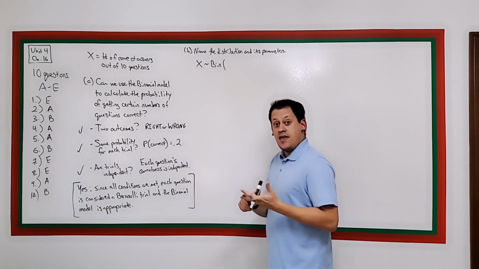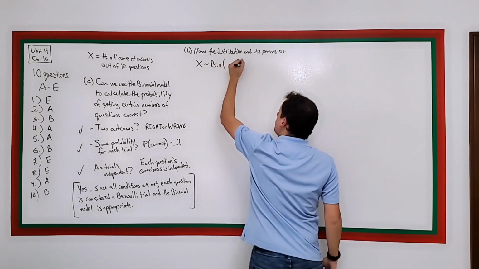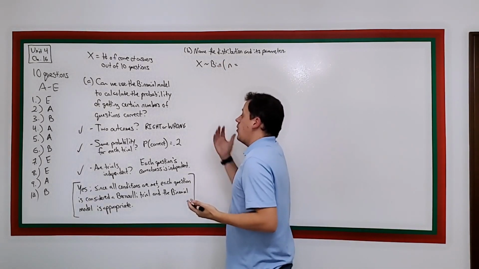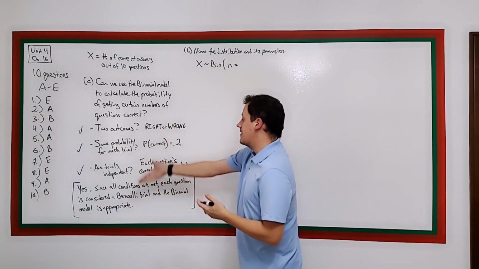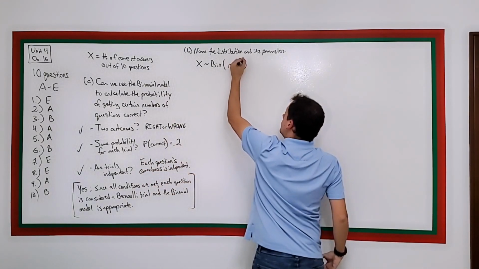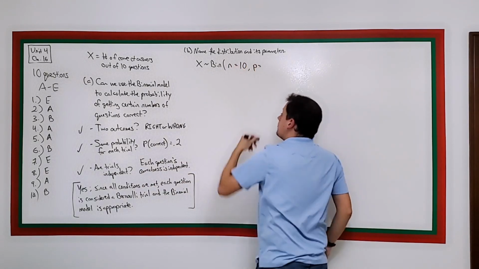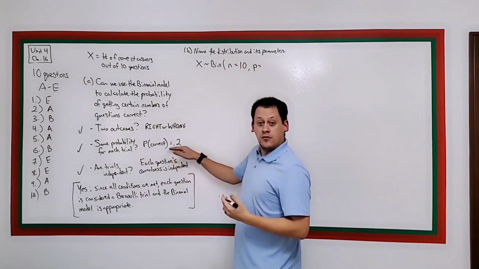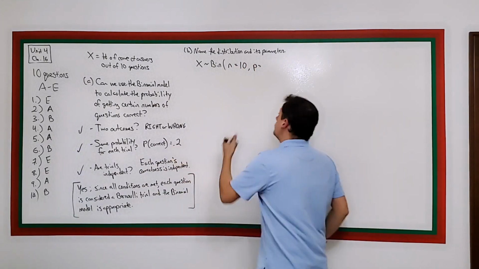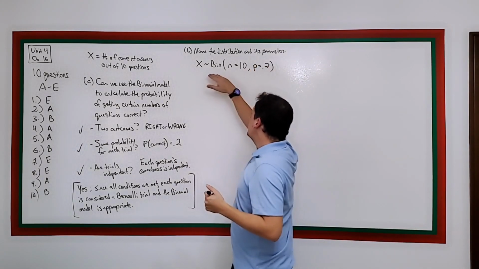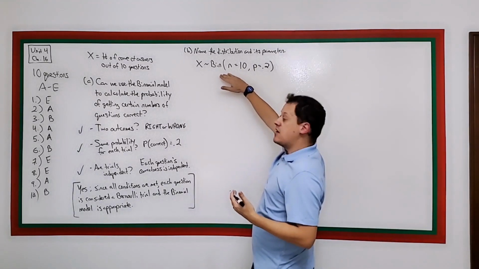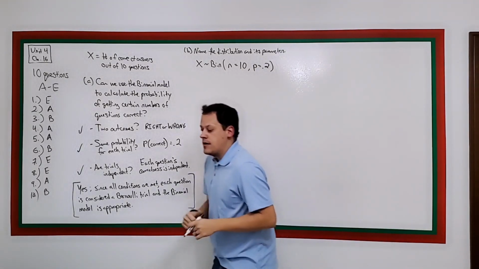That's n and p. So n, the number of trials here, we already established in the last video, a trial is a single question, so we've got 10 of those. And the probability of success, we already established that as well. It's 0.2 for each question. So the distribution is binomial, and the parameters n and p.